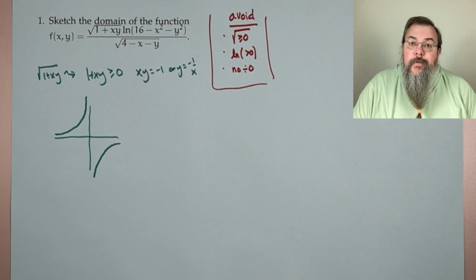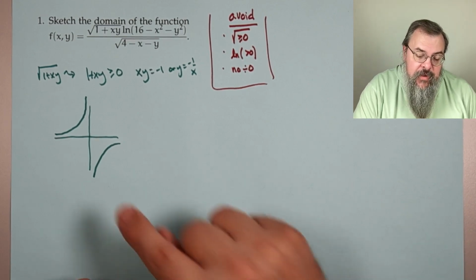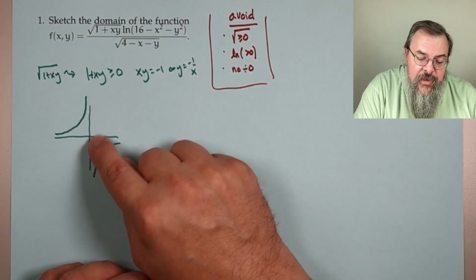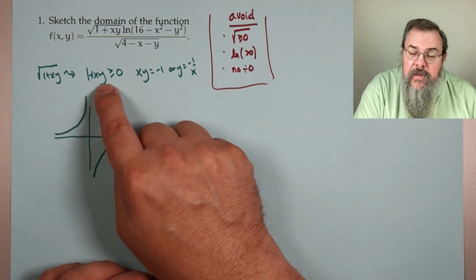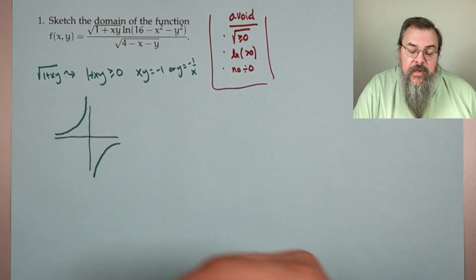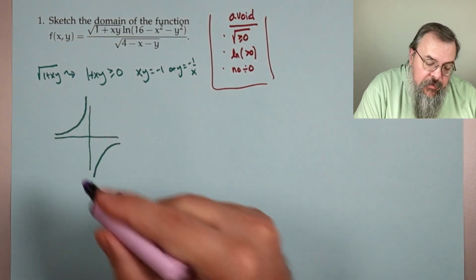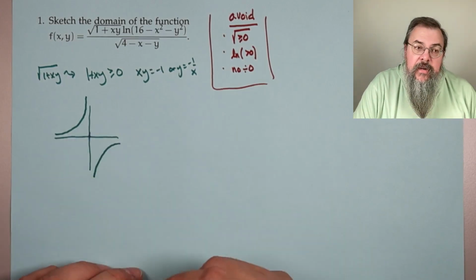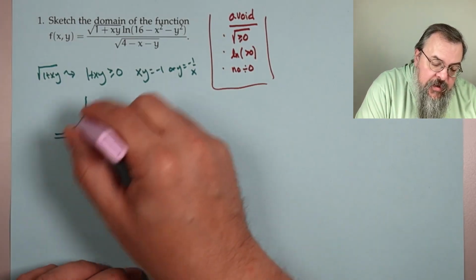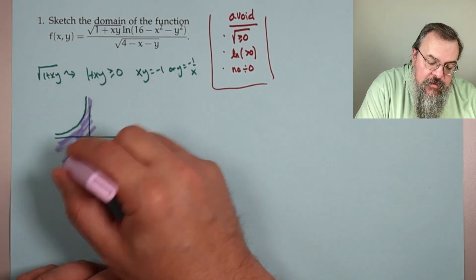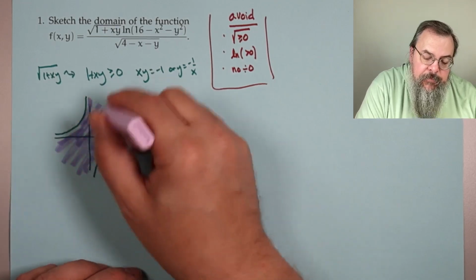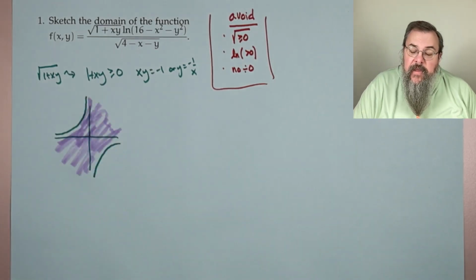Well, when in doubt, test points. 0, 0. Does 1 plus 0 times 0 give us something greater than or equal to 0? Yes. All right, well that says that point's in there. But wait, if that point's in there, everything up to and including the boundaries will be in there as well. All right, so we have that.